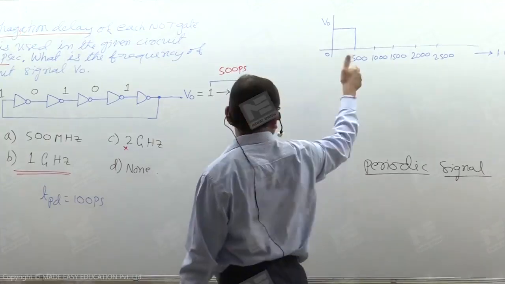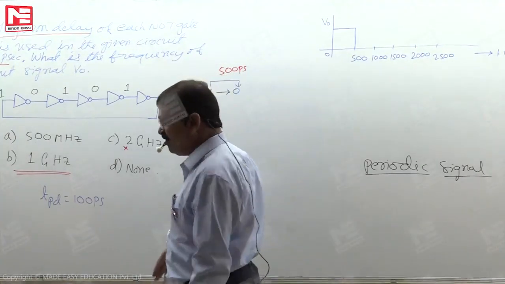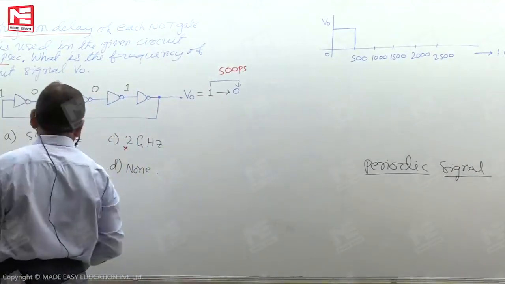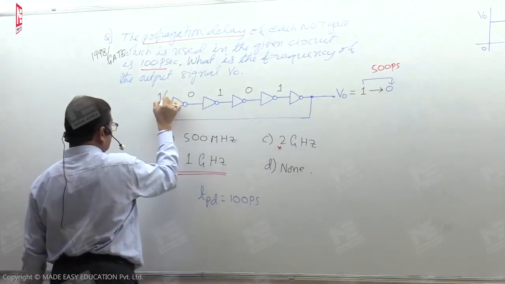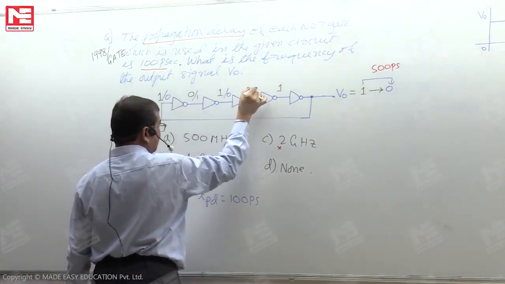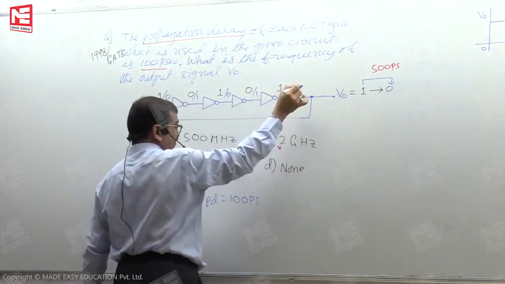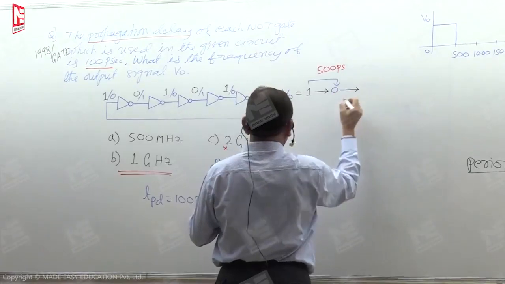But looking at this 500, 1 upon 500 picoseconds, you may be reading wrongly, and the answer may be 2 gigahertz. It is not correct. Now we are looking at 0 as the input to the first gate, so the first NOT gate output is 1, and so on. You can see here it is coming back to 1.